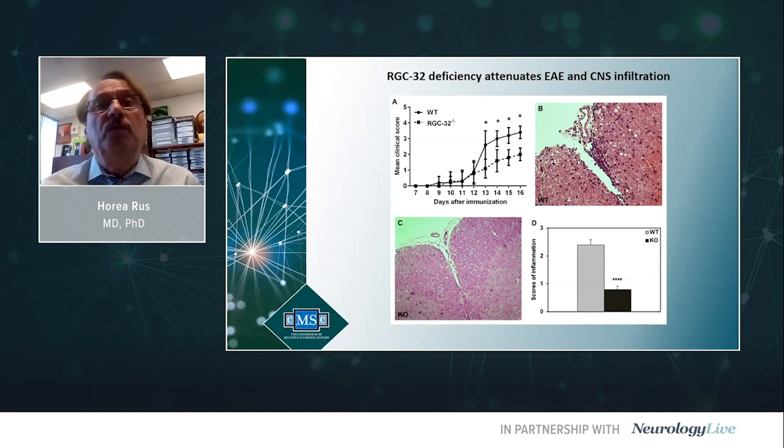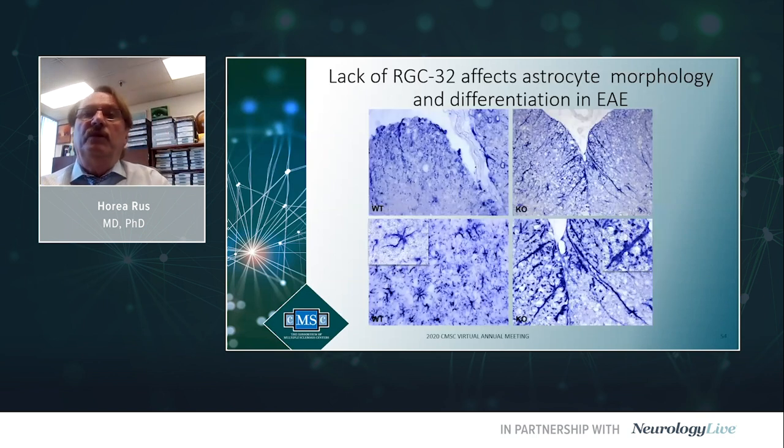So we can conclude that both clinical score and CNS infiltration are significantly reduced in the absence of RGC32, and this reduction is mostly related to the lack of Th17 differentiation.